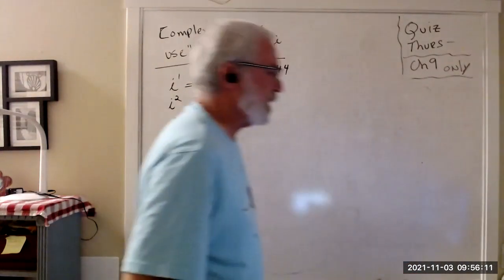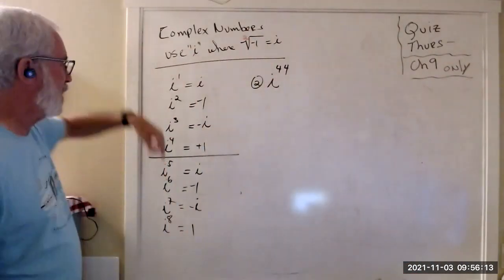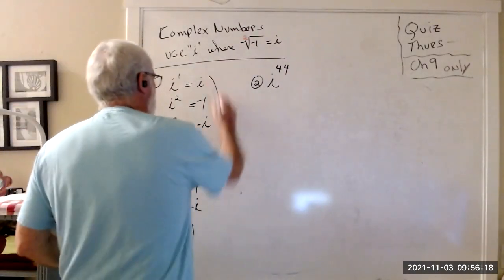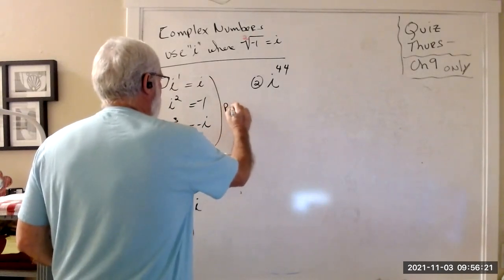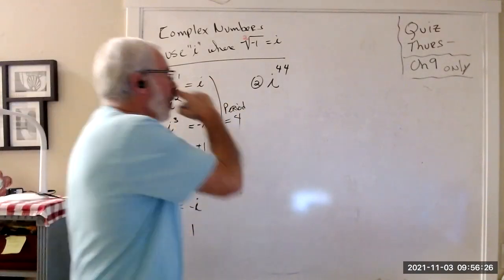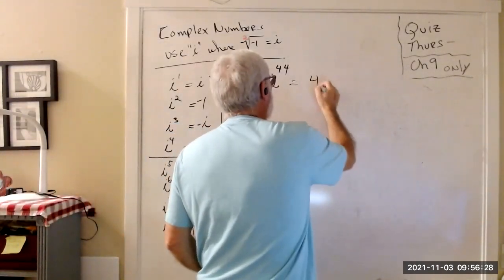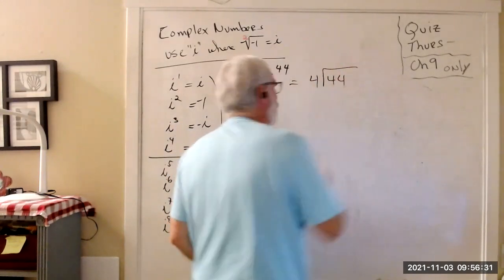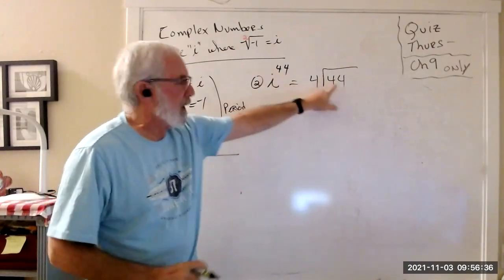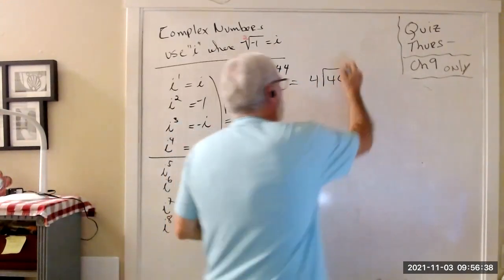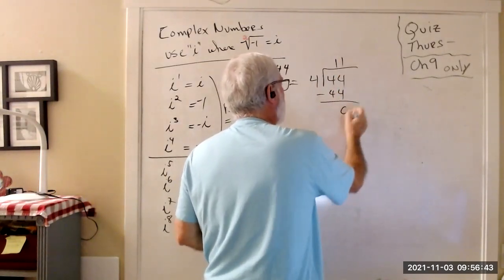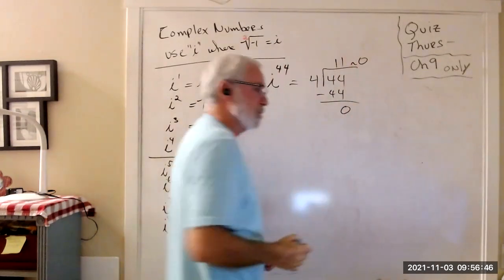Key thing in your notes is the period for i to a power equals 4. So what we're going to do is take 4 into 44. You can use your calculator, but the important thing is the remainder. Remainder 0.